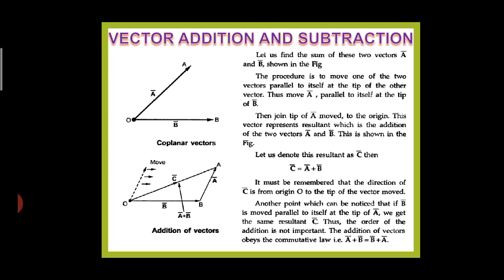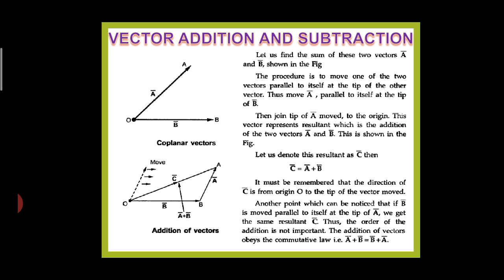So, this is shown in the figure. Let us denote this resultant as C bar. This is the triangle. C bar is equal to A bar plus B bar. It must be remembered that the direction of C bar is from the origin O to the tip of the vector moved.